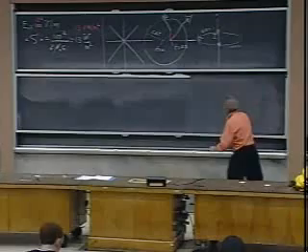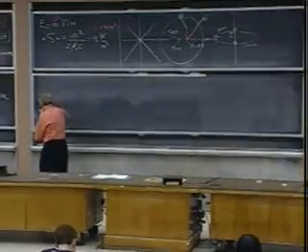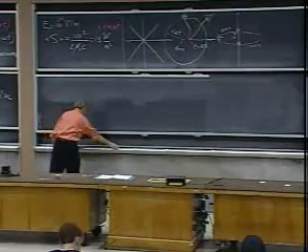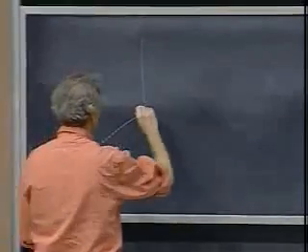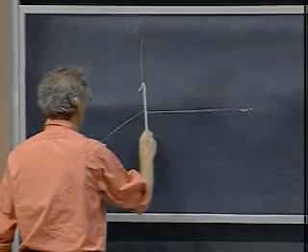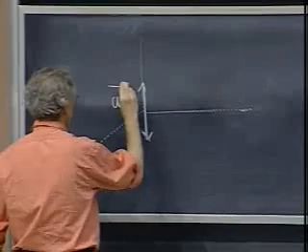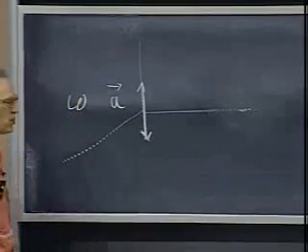So we have an oscillating charge being accelerated, and I will choose a coordinate system like so, and let's suppose we oscillate the charge in this direction. Acceleration all the time, and the frequency is omega.